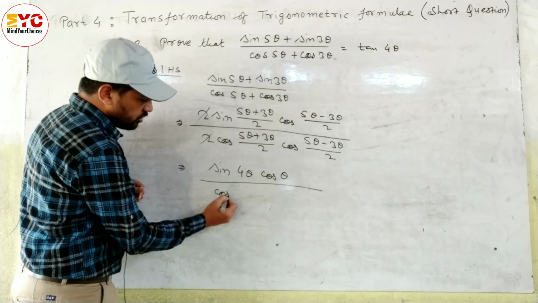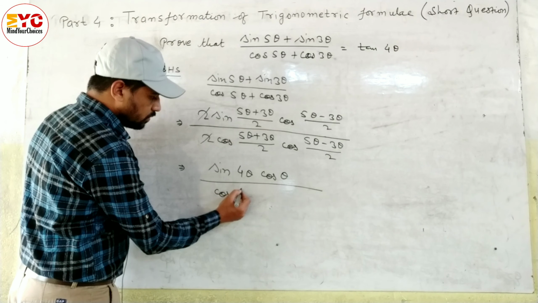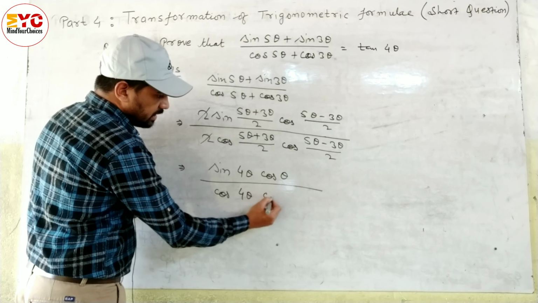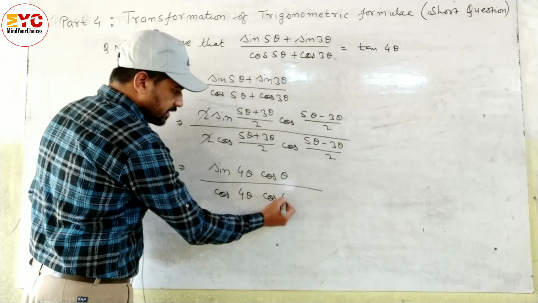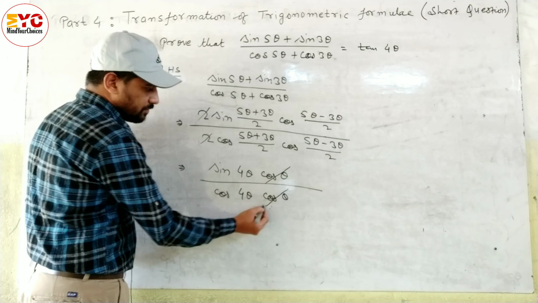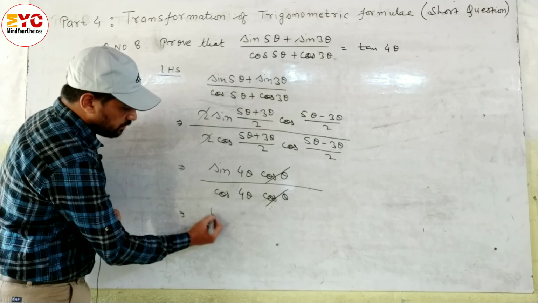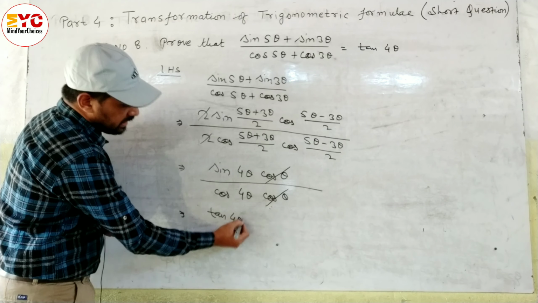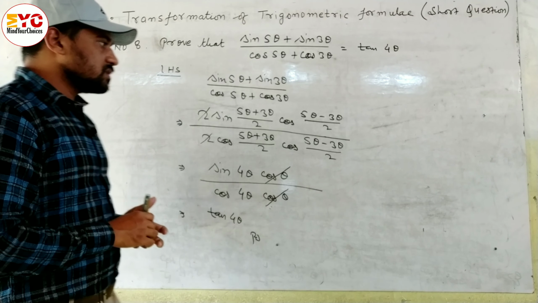In the denominator also, 5 theta plus 3 theta, 8 theta by 2, 4 theta, and similarly the last one, 5 theta minus 3 theta, 2 theta by 2, it will be theta. So cos theta and cos theta we can cancel, and the remaining is sine 4 theta by cos 4 theta. We get tan 4 theta, which we had to prove. RHS proved.